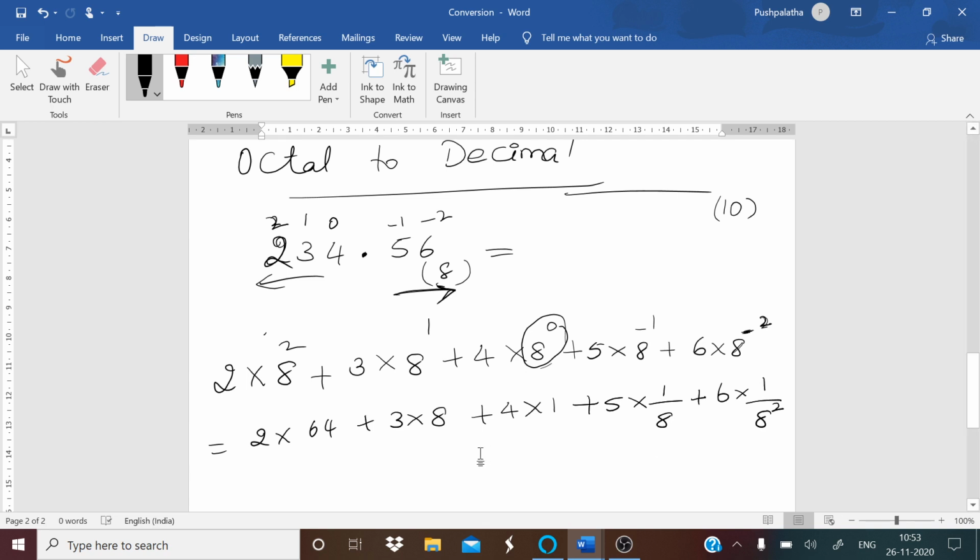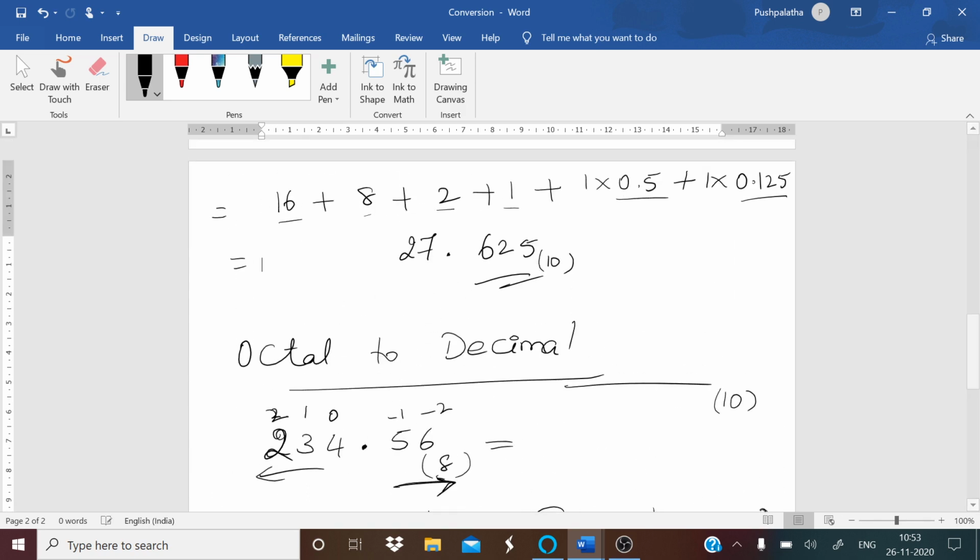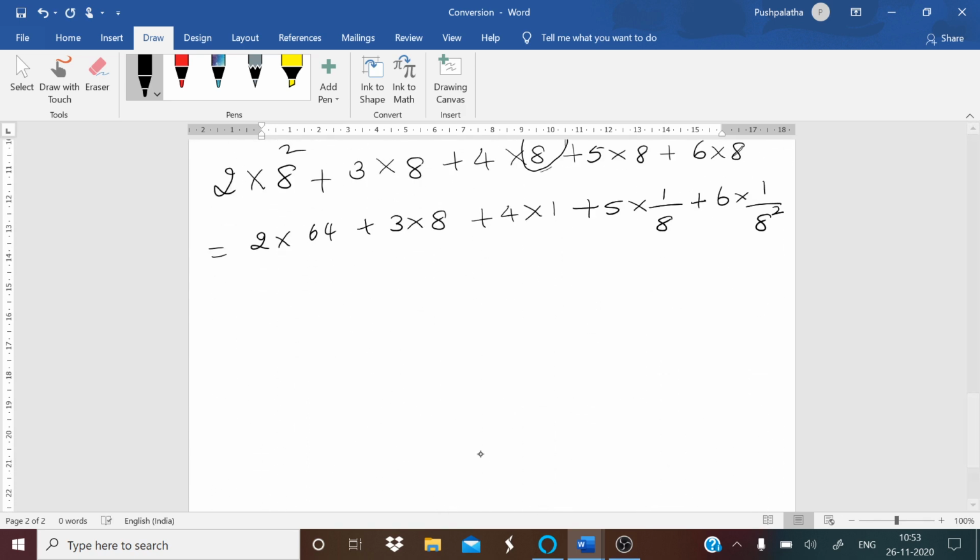The same thing you are going to write, but the only difference is you are not going to mention the negative sign here. Okay, so the next step: what is 2 into 64? 128, plus 3 into 8 is 24, plus 4, plus 5 into 1 divided by 8, which is 0.125, plus 6 into 1 divided by 64, which becomes 0.03125.